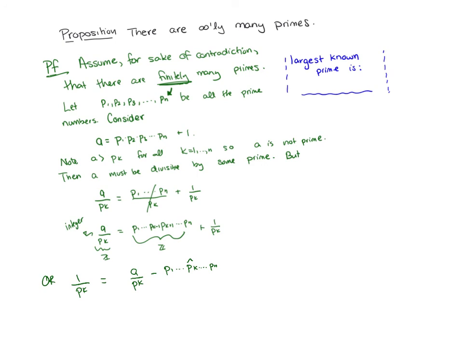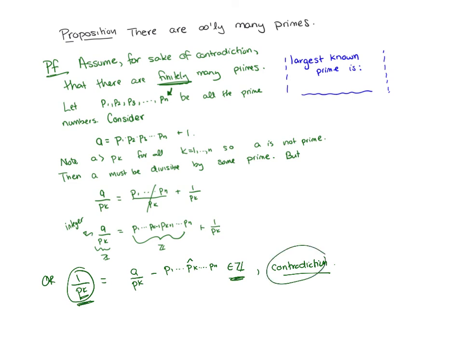So that equals this, which is in Z, but that gives me a contradiction. Because I know that 1 over a natural number is never equal to an integer unless that pk is 1, but 1 is not a prime. So I got that contradiction because I have 1 over some number being an integer.